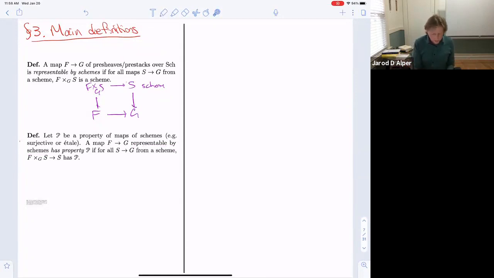So let P be a property of morphisms of schemes. The ones we'll use are surjective or tau. And then you can just say that a map of pre-sheaves or pre-stacks, which is assumed to be representable by schemes, has that property if for all maps from schemes, this induced map from F cross_G S to S has that property.